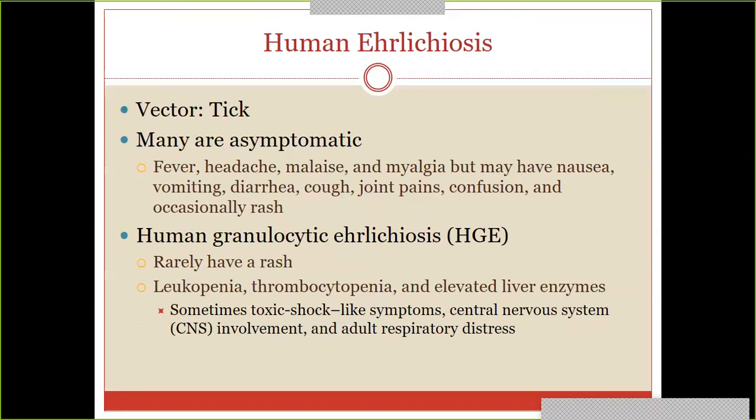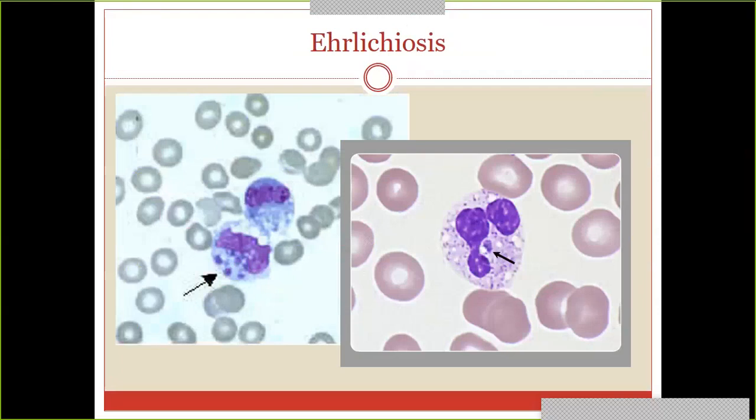So if you're ever working in a tick-prone area, it's something you should always be screening for when you're looking at your manual differentials, looking at neutrophils. If you see an inclusion, you should keep in the back of your mind that this is one possibility. So that's kind of what it looks like. You can see on the right is a neutrophil, and the left is actually being shown in monocytes.